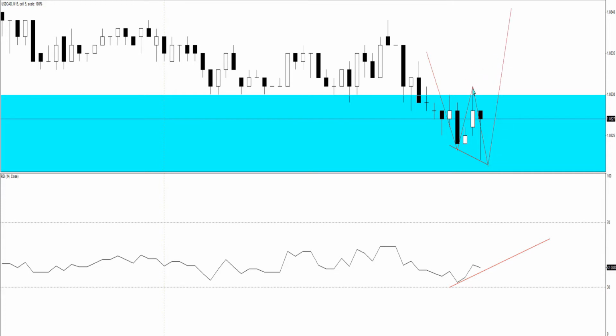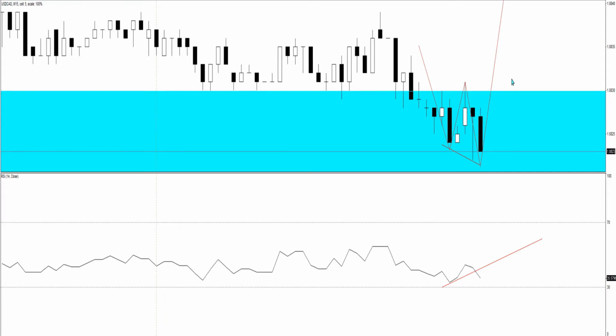So we would place our buy stop order here with our stop loss not below this structure, but the stop loss below a previous structure. So I'll show you that, but we first need to make sure that our RSI remains diverged before we are triggered in any sort of long or buying entry above this area.